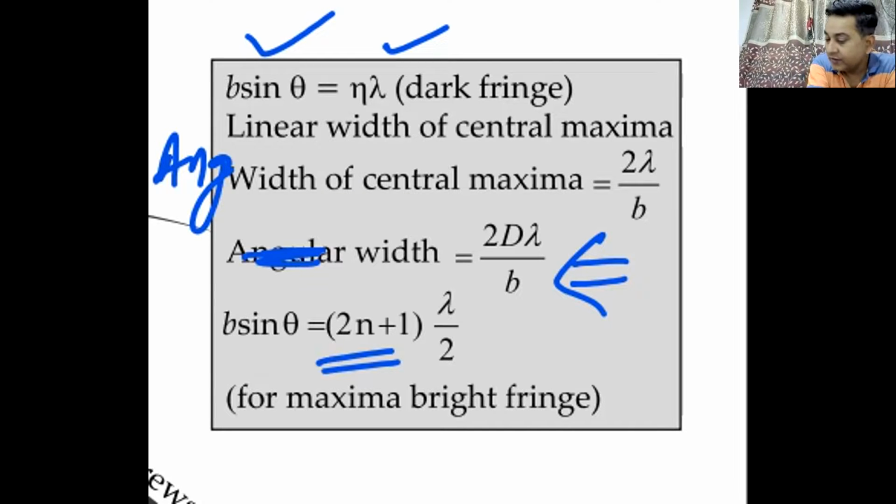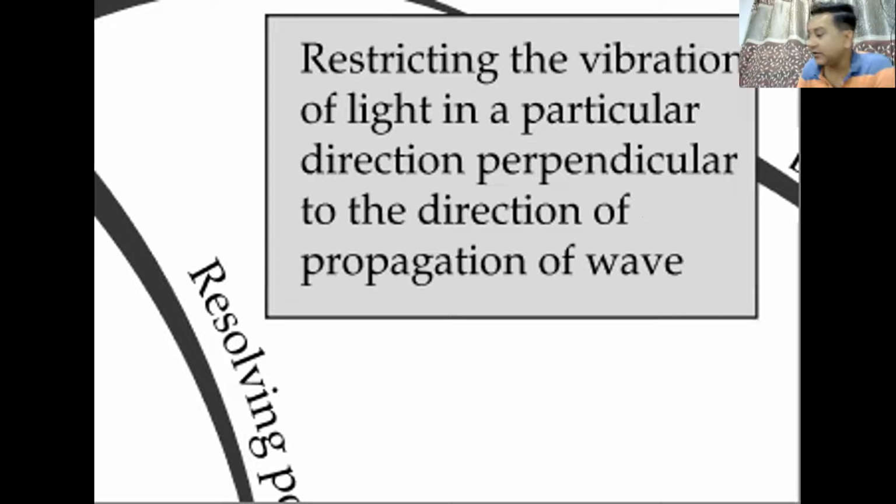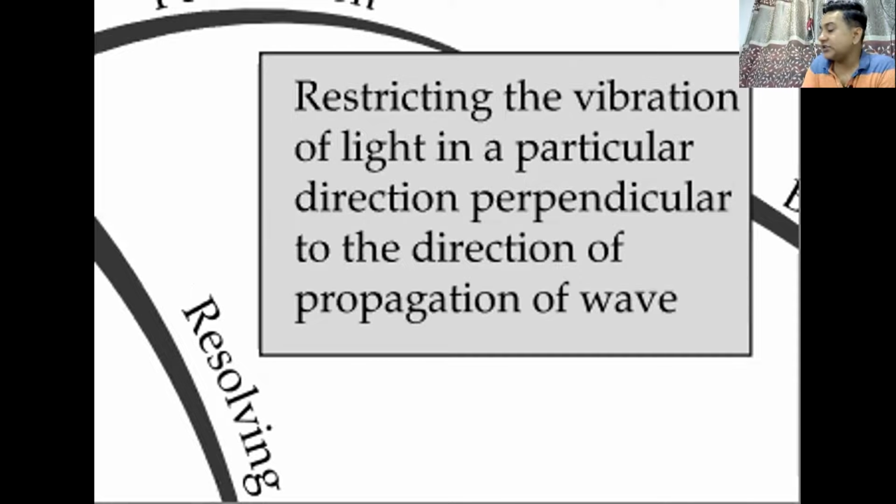Then the next thing that we did was polarization. Polarization is nothing but restricting the vibration of electric field in a direction which is perpendicular to the direction of wave. Do we remember this?